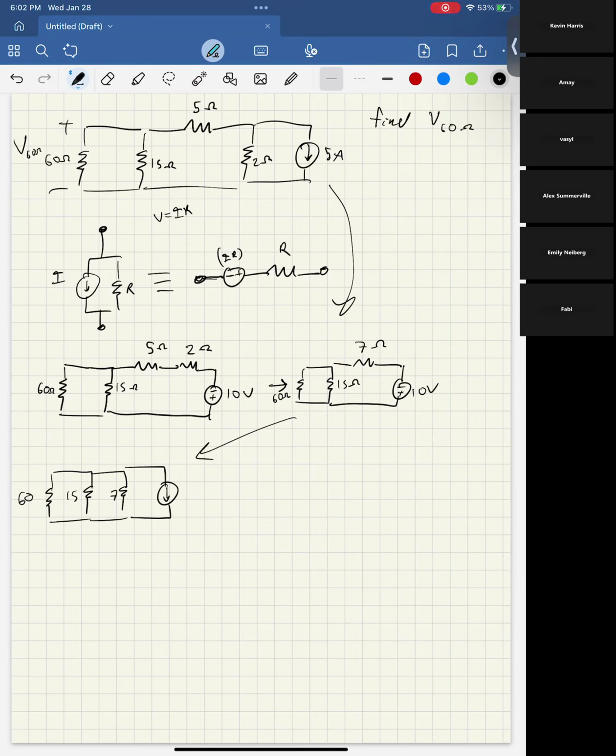And now the current here is going to be 7 over 10. It's the opposite of this, right? Equals V over R. No, 10 over 7. Sorry, that was a silly mistake. And then now I can combine these two, right? And still leave that 60 ohm alone.